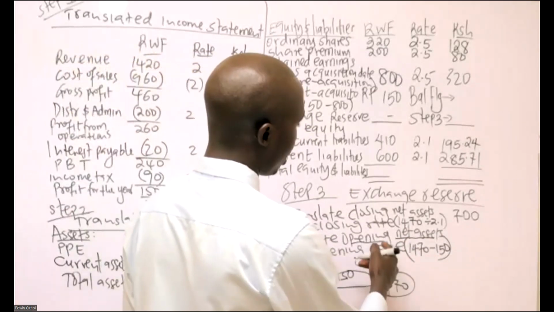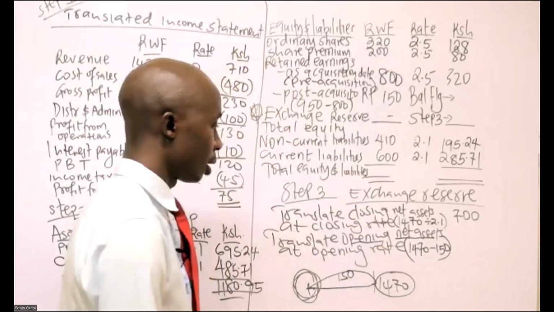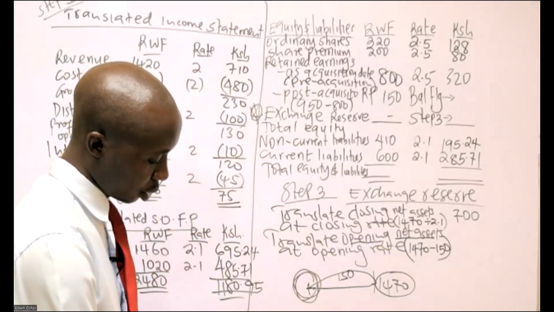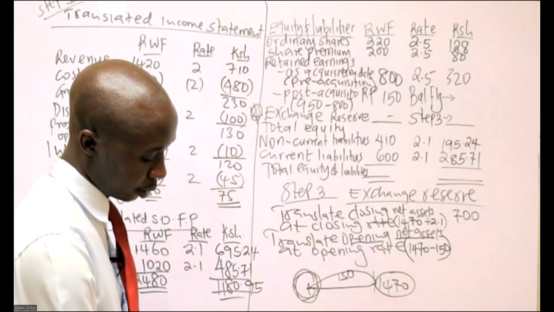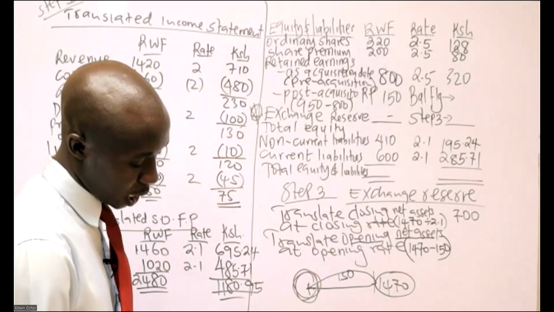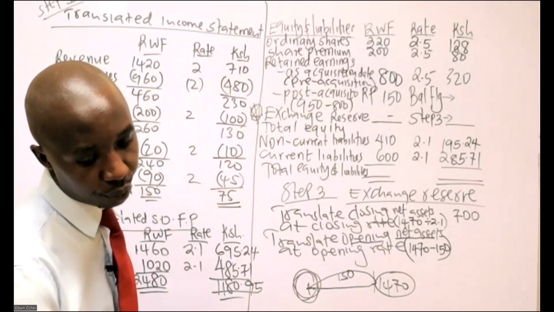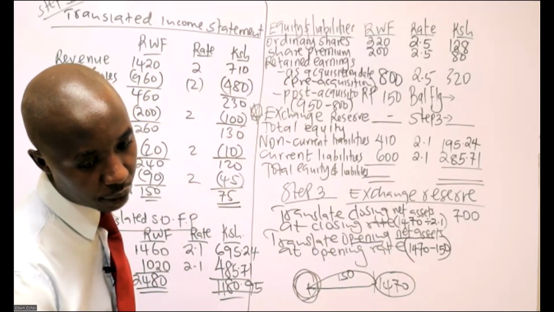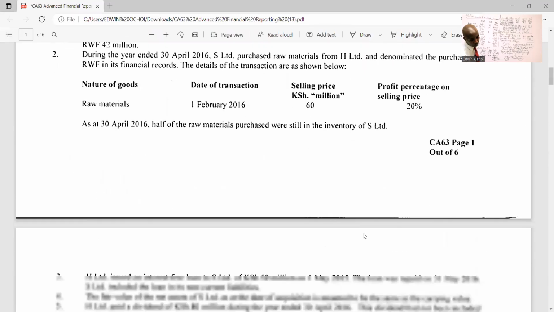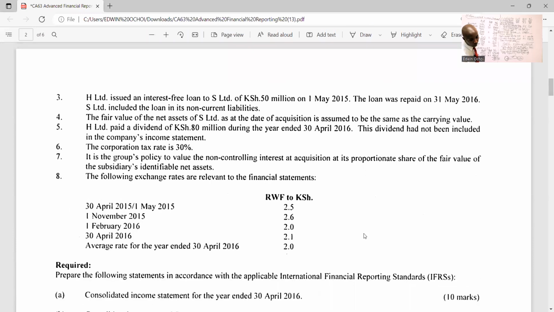You divide with the opening rate. Our financial year ends on 30th April 2016. So it starts on 1st May 2015. As at 1st May 2015, the rate, note 8, is 2.5.